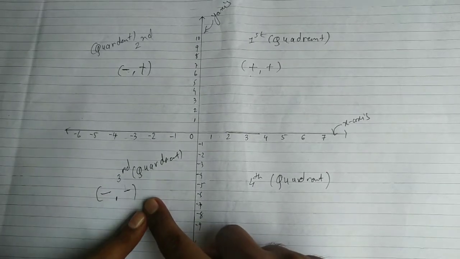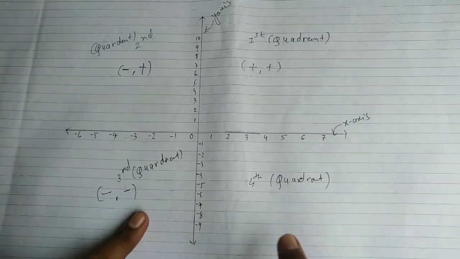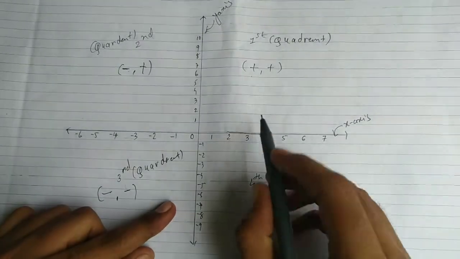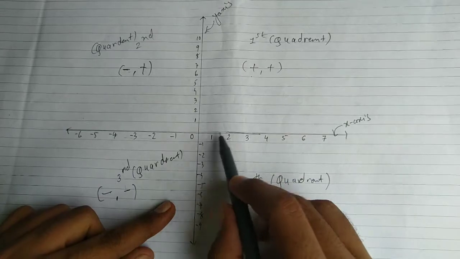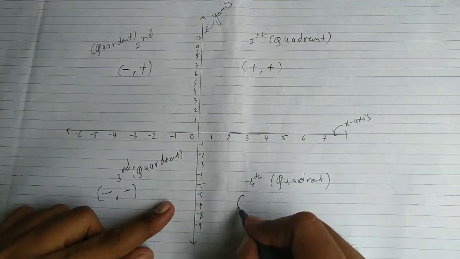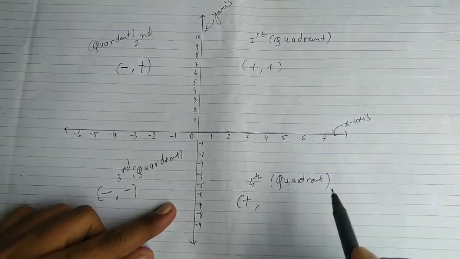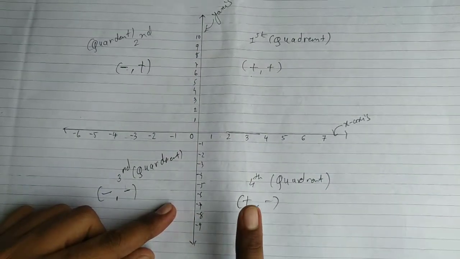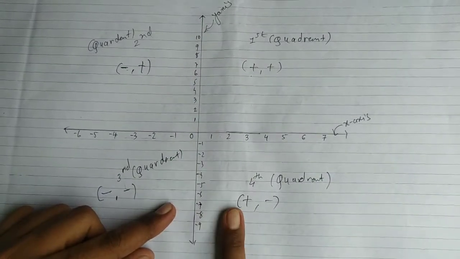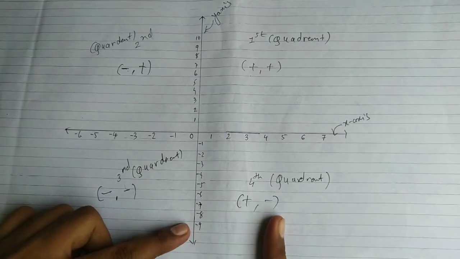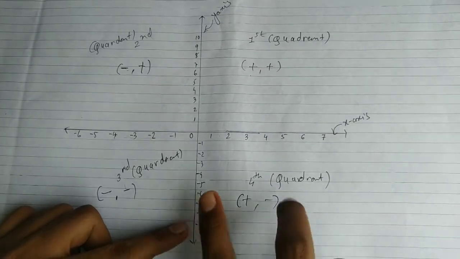The fourth quadrant has the x coordinate positive and the y coordinate negative.